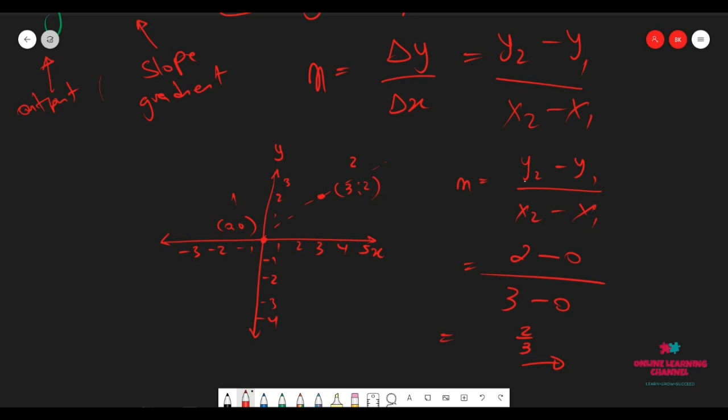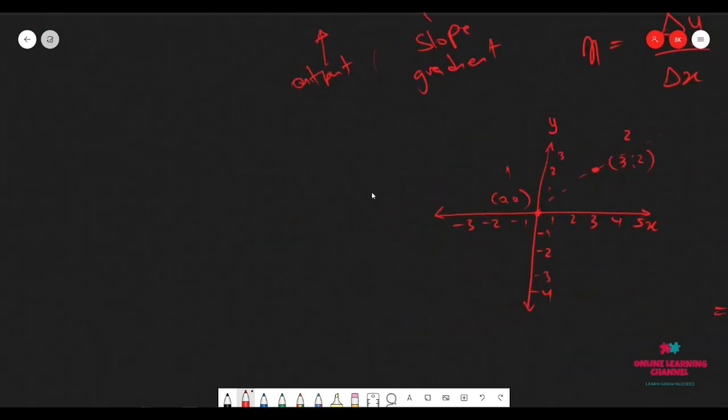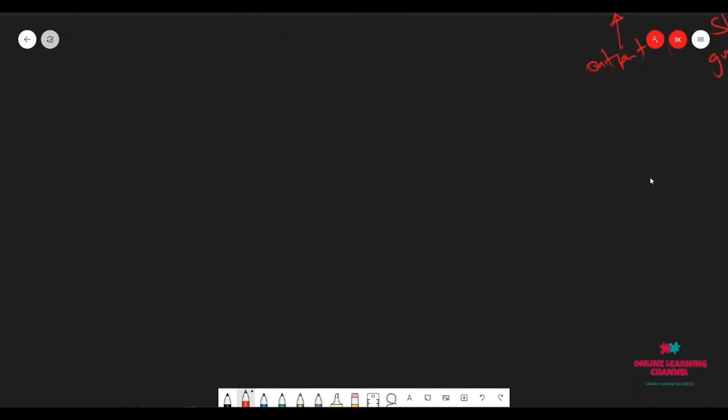Now let's try and find the equation of this line. We know the slope, so y equals 2 over 3 x plus c. Now we are looking for this c term, which is our y-intercept. To get the y-intercept, in this case we have to substitute one other point.